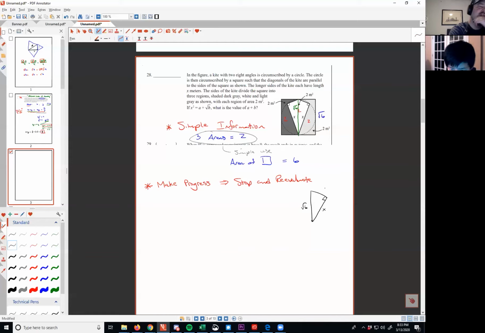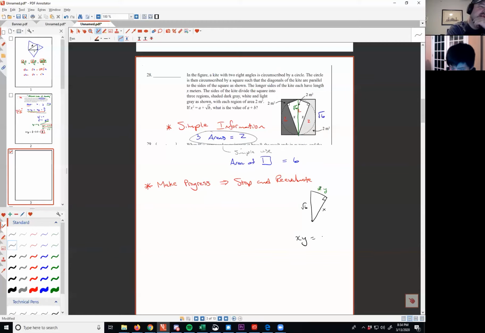So what does that mean? So I just drew one of these right triangles out over to the side. So x times question mark equals 1, 2. Yeah, let's give that question mark a better name. x times y equals what? 1.